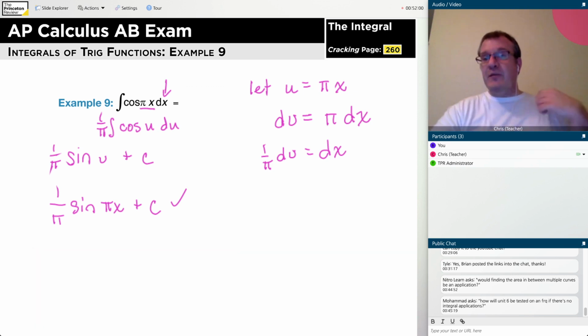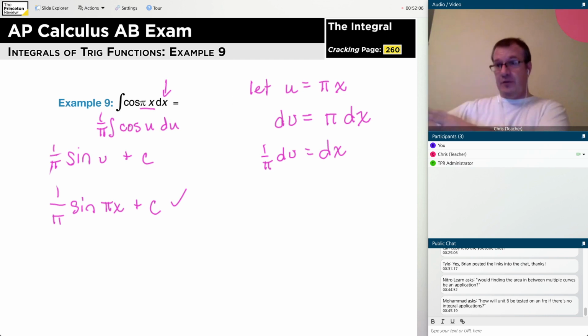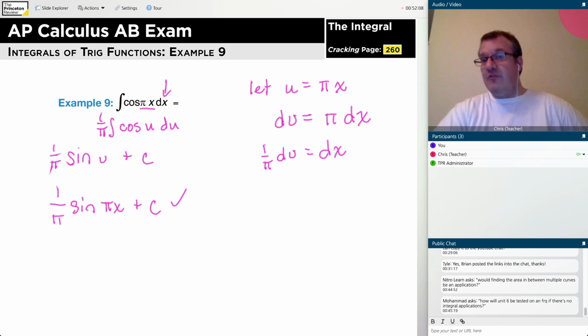When you have only one trig function, you know when you take a derivative of a trig function, you're going to have another trig function. If you have two trig functions in your integrand, for the most part, you're usually gonna be letting one of them equal u. If here I just had the cosine, I did not have a sine anywhere. I had no choice. I could only plug in for the pi x, and there's the derivative.